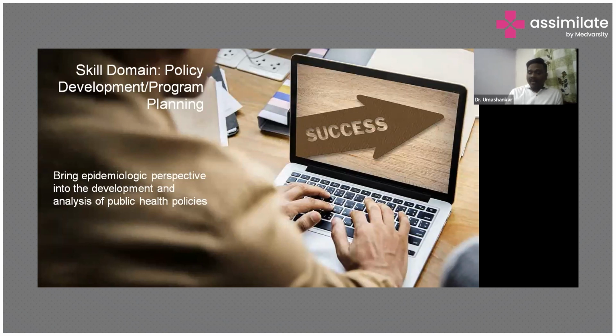So we have to analyze the data, and based on the data, we suggest to the policymakers: this is what the data is telling, so you can take decisions like this. Once epidemiologists recommend, the policymakers can take an appropriate decision. That's a very important skill or activity of an epidemiologist, to develop a program or an evidence-based policy.